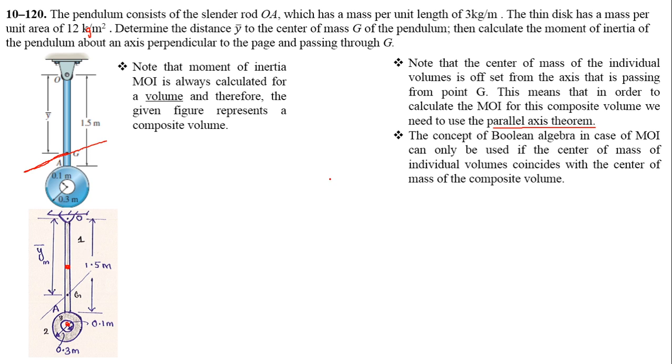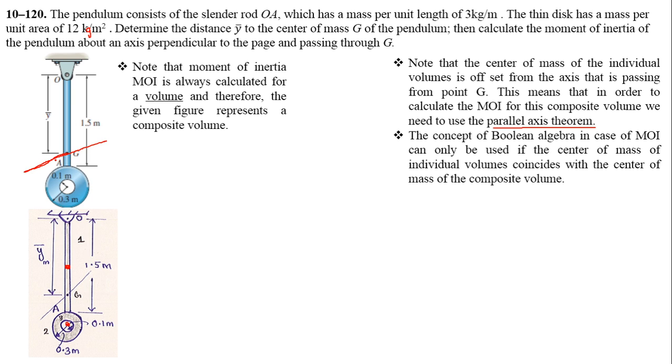Without the knowledge of the parallel axis theorem, we cannot calculate the moment of inertia of this entire volume, because you see, even though this figure seems to be symmetric about the vertical axis, we are not actually concerned with the vertical axis.